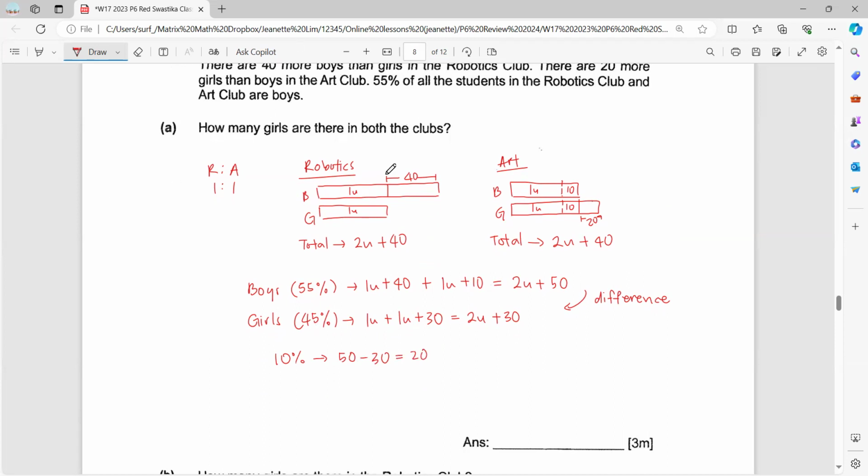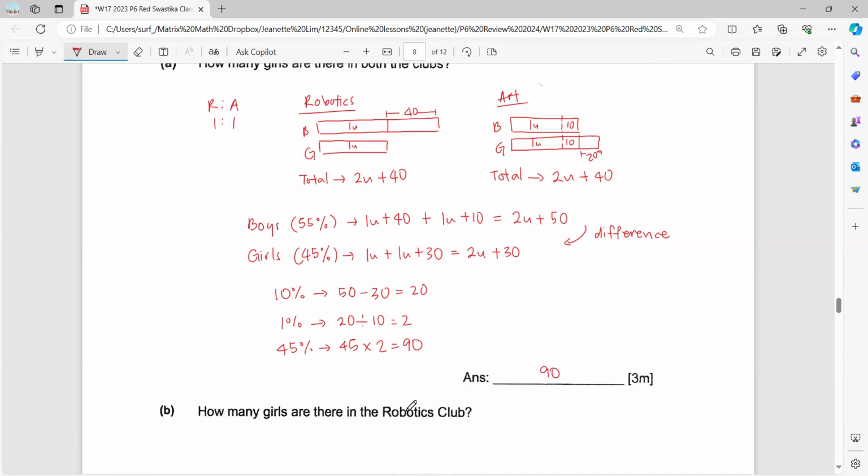How many girls are there? Girls, 45%. So that's what we want to find. Let's find 1% first. So divide by 10, which is 2. 45% will be 45 times 2, which is 90. So that's the answer. 90 girls in both the clubs.